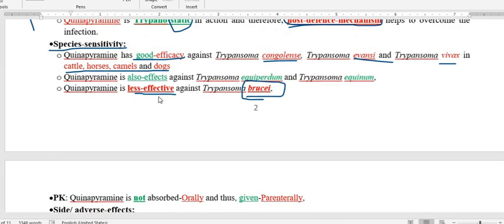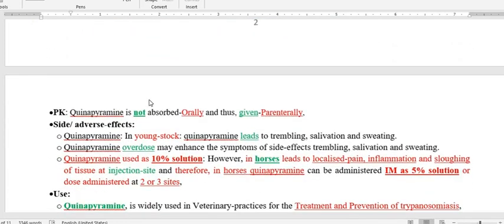It is also effective against Trypanosoma equiperdum and equinum. So this is the susceptibility of the drug against Trypanosoma species.